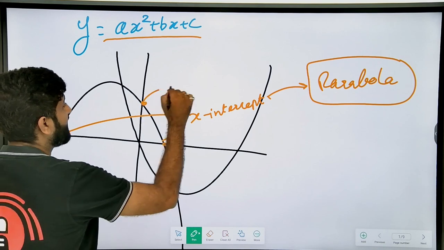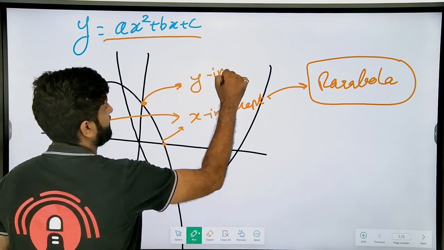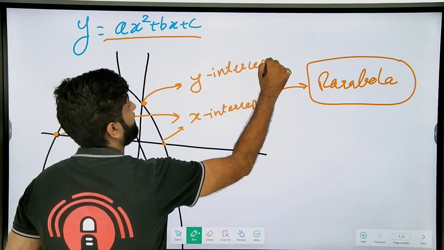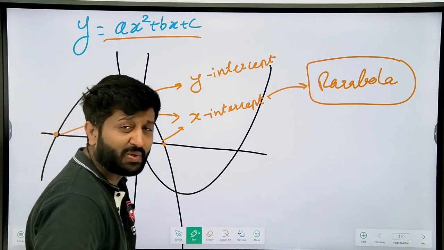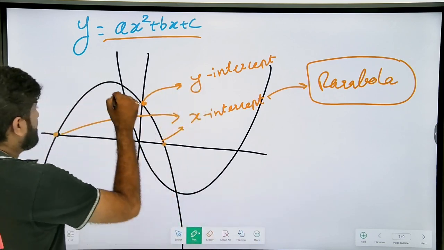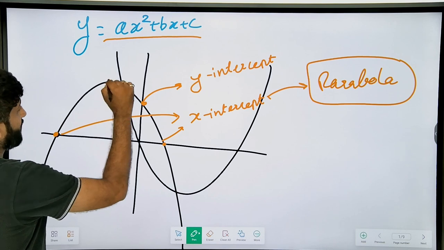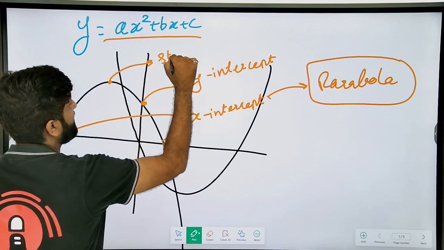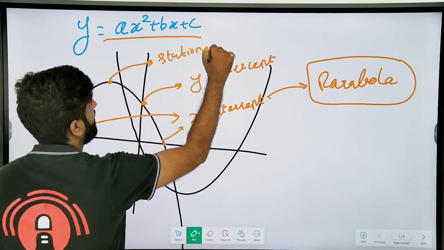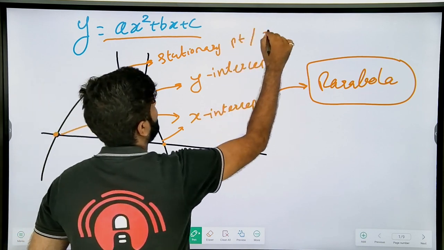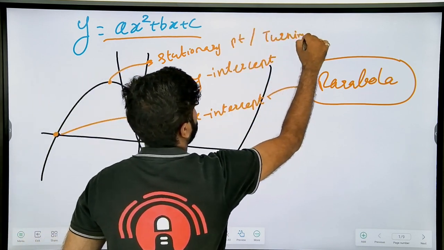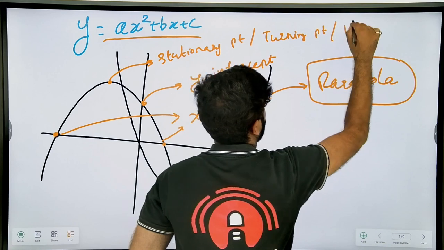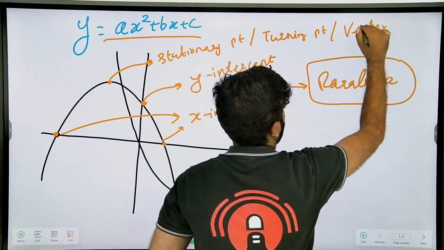This is my y-intercept, which means the point where my graph crosses the y-axis. And this point, guys, is my stationary point or my turning point, or you can say the vertex of the graph, right?